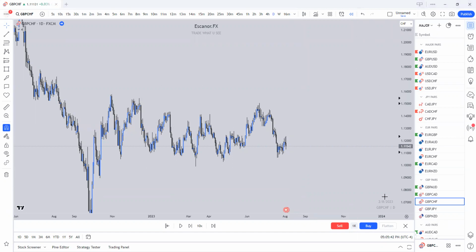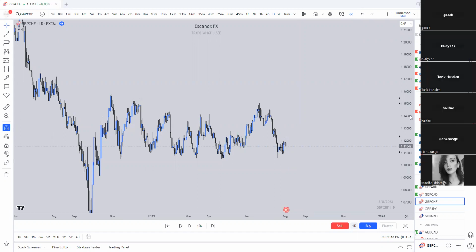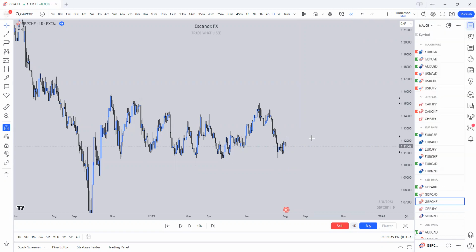Tomorrow in the London session, everyone try to check your GBP-CHF spread. You're gonna see it's normally a high spread pair because it's not a major pair like EURUSD and GBP-USD. The spread will be about 2 or 3 pips.